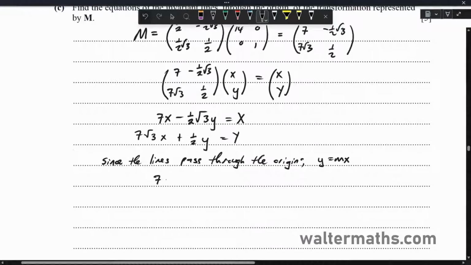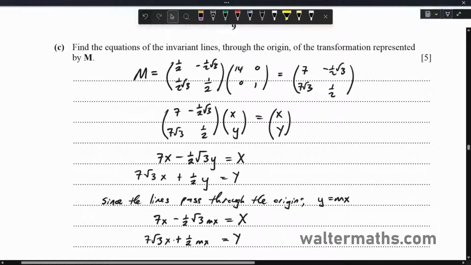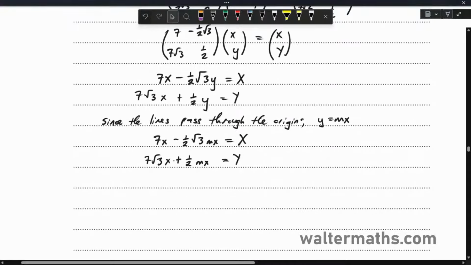So we'll have 7x minus a half of root 3 mx equal to big X, and 7 root 3 x plus half of mx equal to big Y. Next, we're going to use the fact that the lines are invariant.